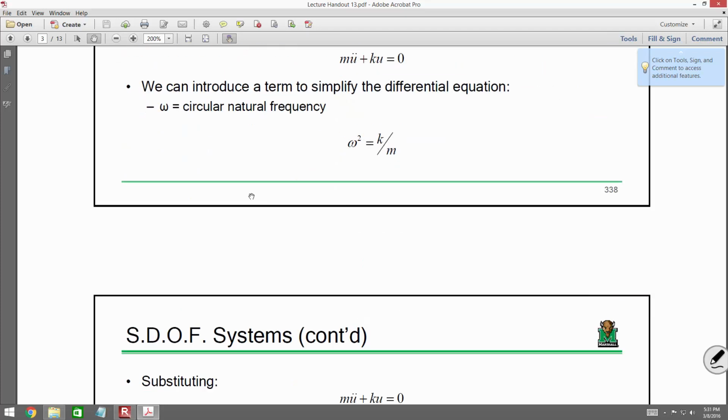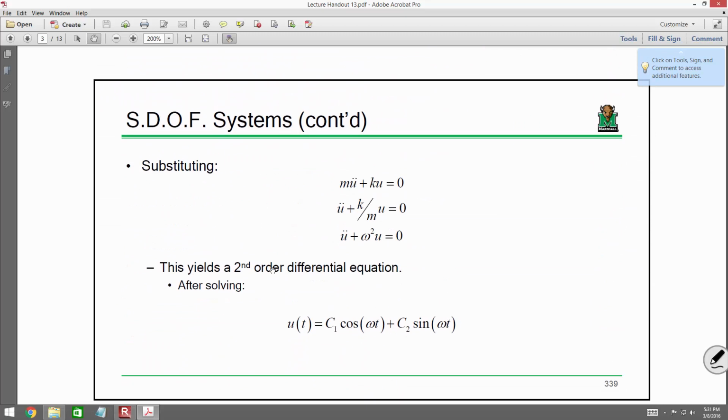So if I look at my system, m u double dot plus k u equals 0. I divide by m on both sides. Over here it's just 0. This k over m, I'm calling omega squared, and I get this. So now I have a second order differential equation. Now, first off, you all should know how to solve differential equations, I would hope. But if not, let it be said that I know things about stuff.